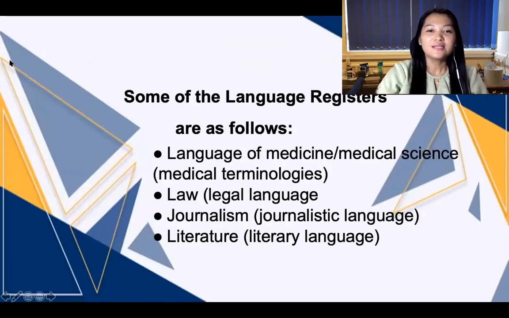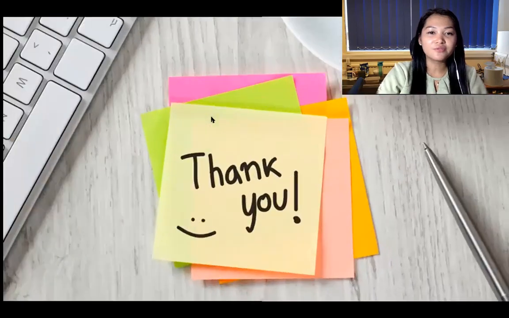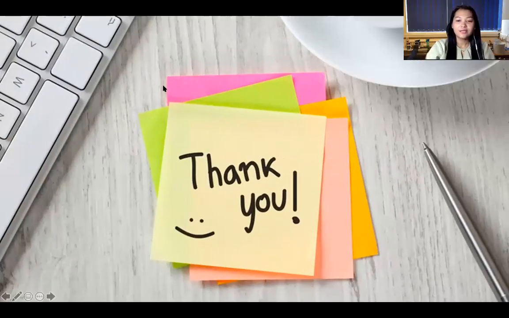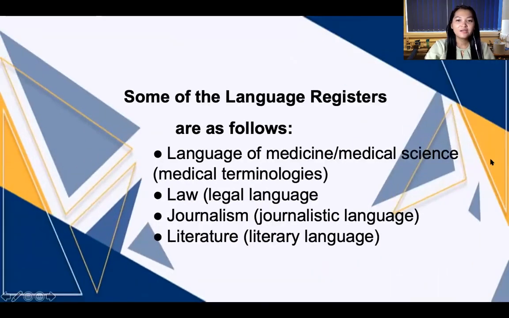Now, class, some of the language registers are as follows. We have language of medicine or medical science. These consist of medical terminologies. We have language of law or legal language, and this consists of language used in the field of law.